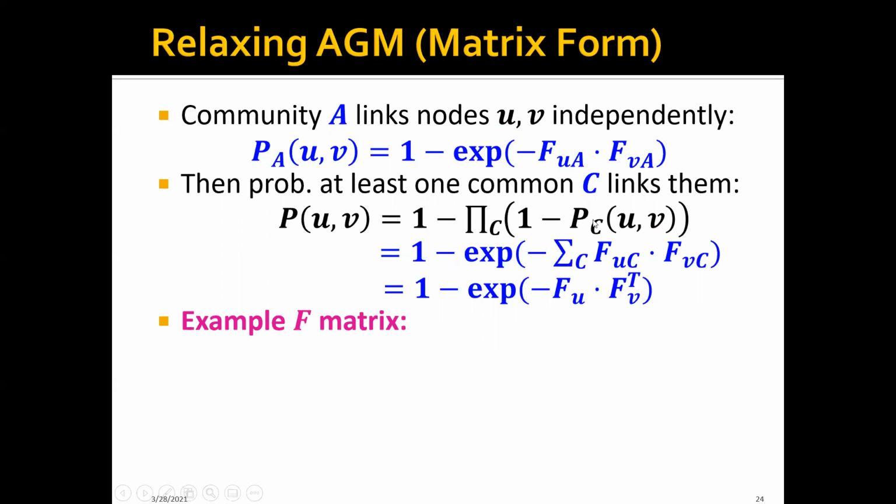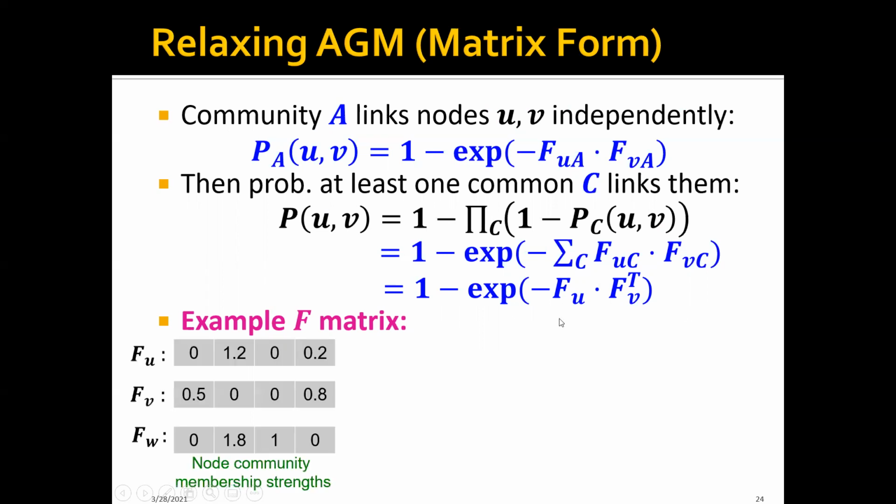We can simply expand this using the equation here, and we get the following line. By now, you might have noticed that this sum is equal to the inner product of F_u and F_v. So using this derivation, we can get the probability of node u and node v being linked together in matrix form.